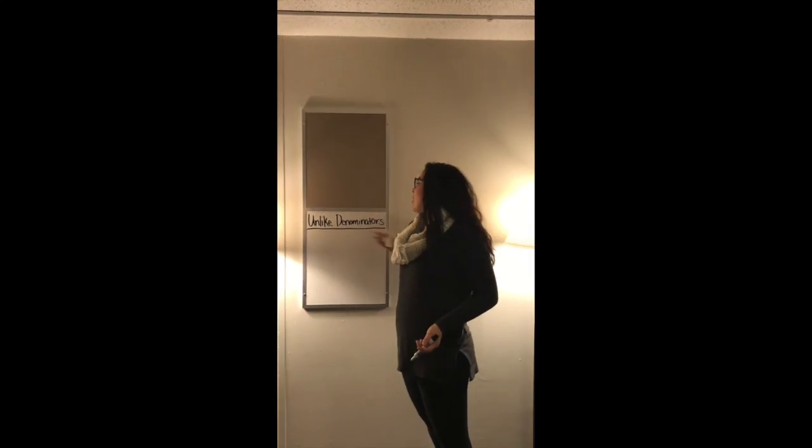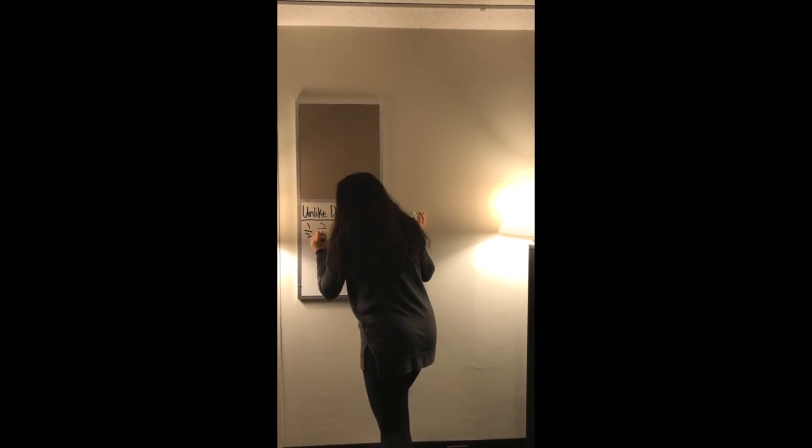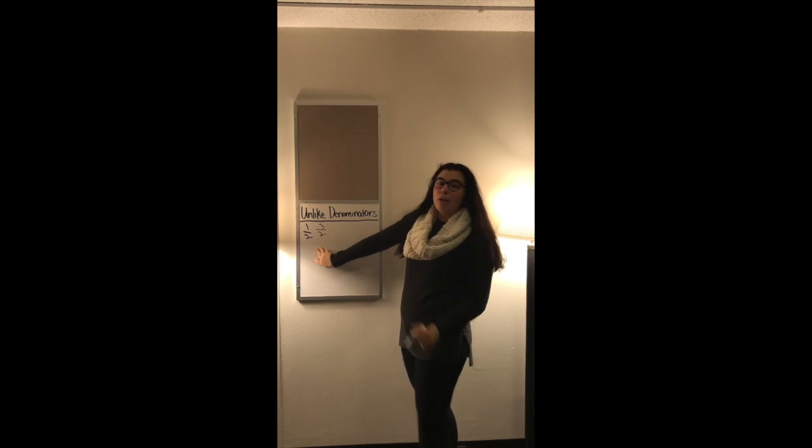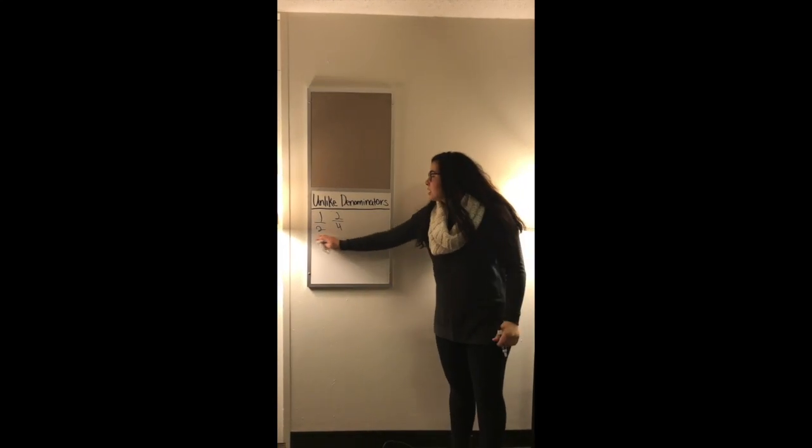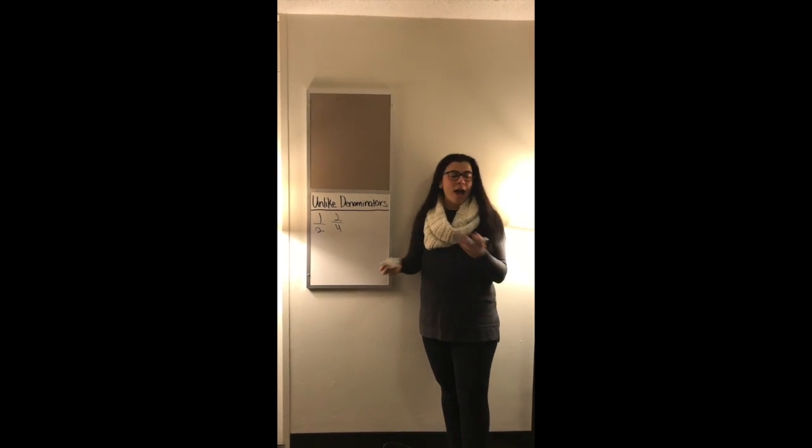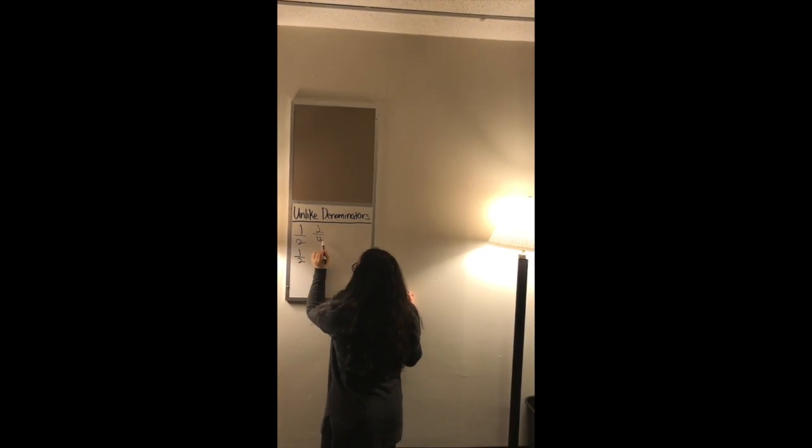Okay, so now we're going to learn about some unlike denominators. If we had 1/2 and 3/2, we know that that has a common denominator. But when we look at 1/2 and 2/4, we know that that is unlike. So we obviously cannot add or subtract them. Now, if we look at 1/2, we want to have a common denominator of 4.